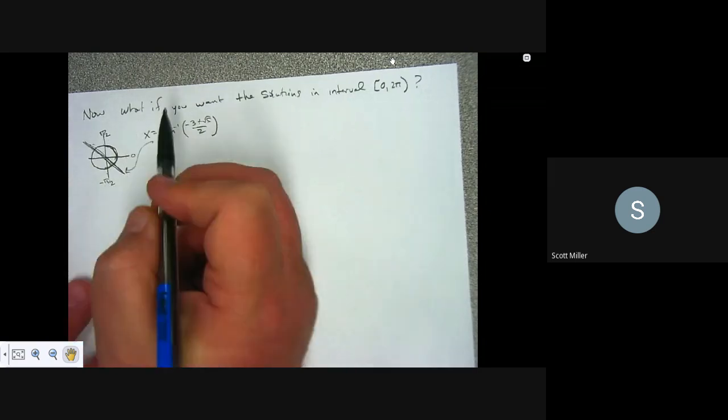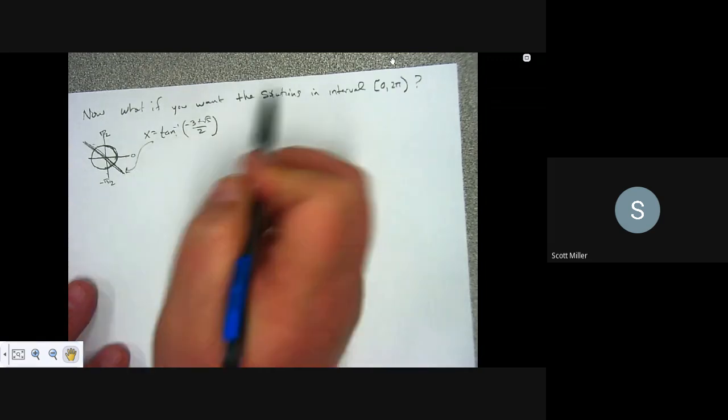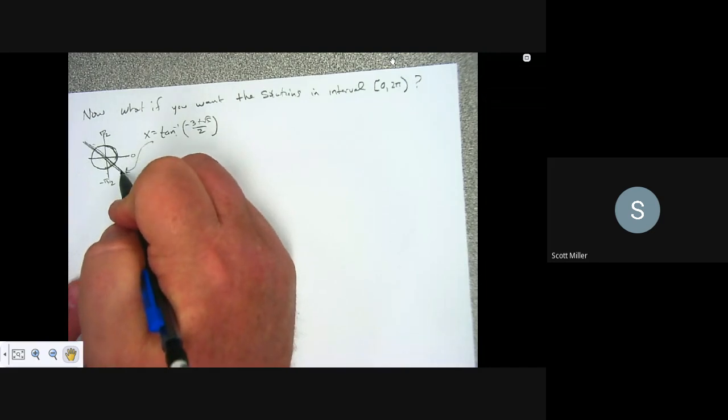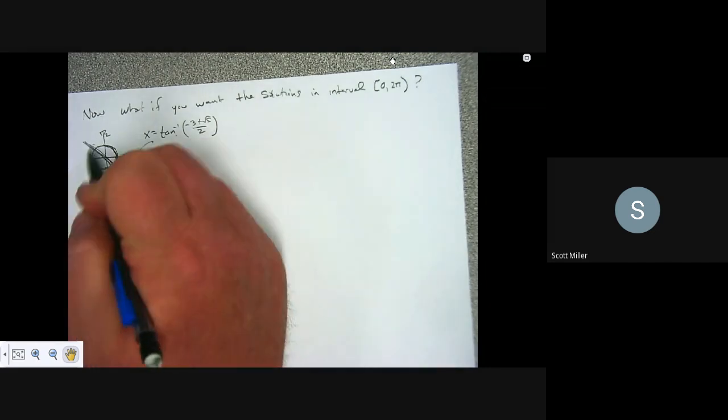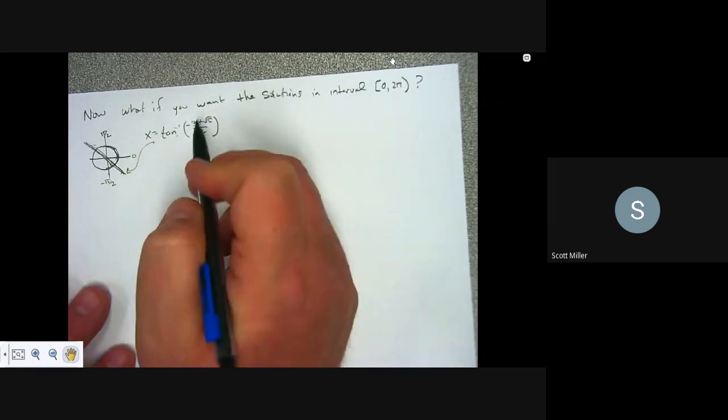So I have to take this answer and produce the two answers that I want in this interval. One of the answers is coterminal to this one time around the circle. So the one answer, the quadrant 4 answer, is this quantity right here.